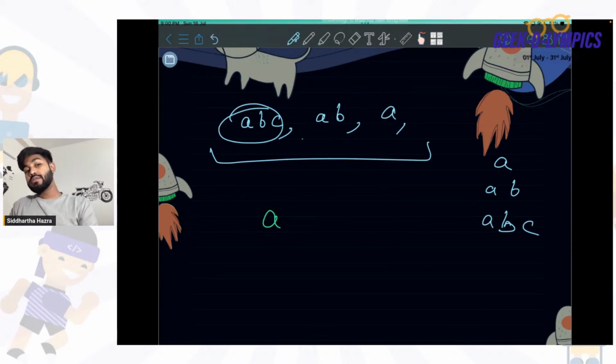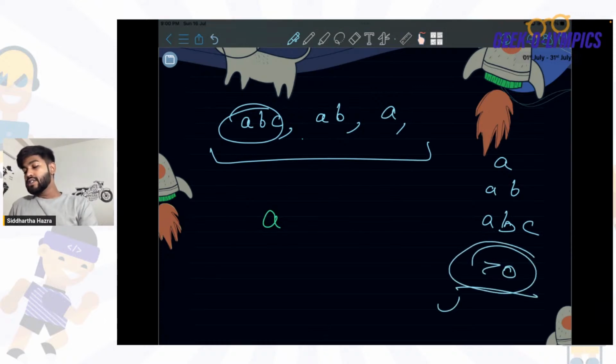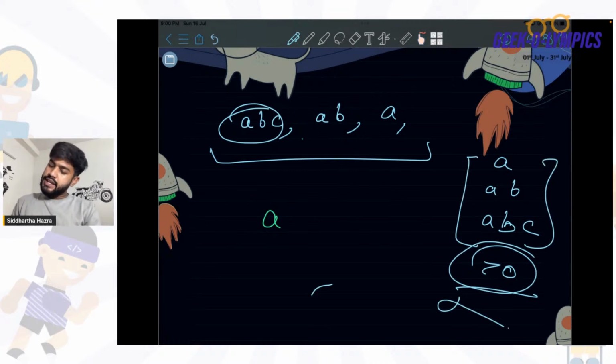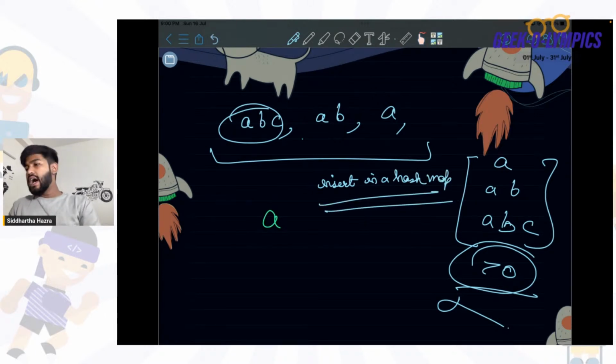If, let's say, A was not present, then at the end, if length is greater than 0, we would say this is not valid. And searching a string can be easily done by inserting all the strings in a hash map. Okay, so simply insert all of them in the hash map, and removal of the last character is also O of 1 in C++. So you can simply pop back the last character, and you can simply keep searching it.